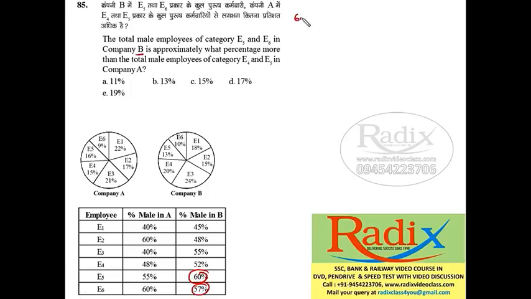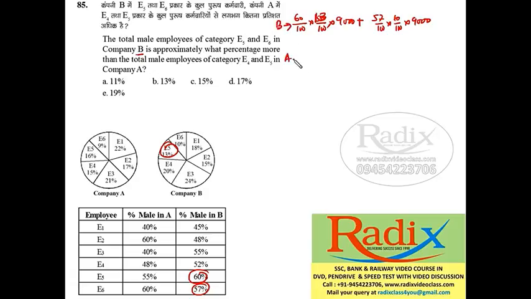So it is 60% of E5 13, sorry, this is 13, right, of 900, plus 57% of 10% of 9,000. This is what company B male is.